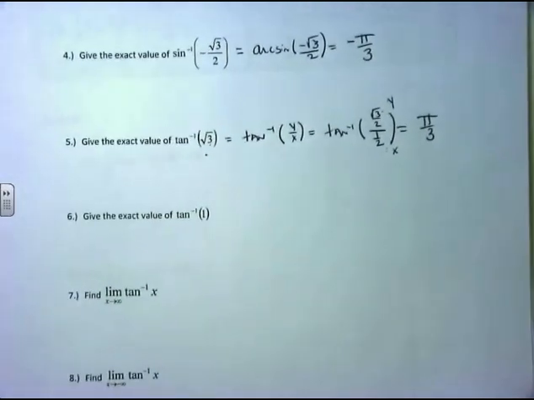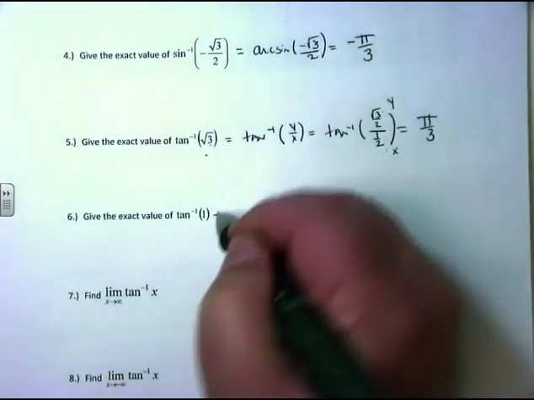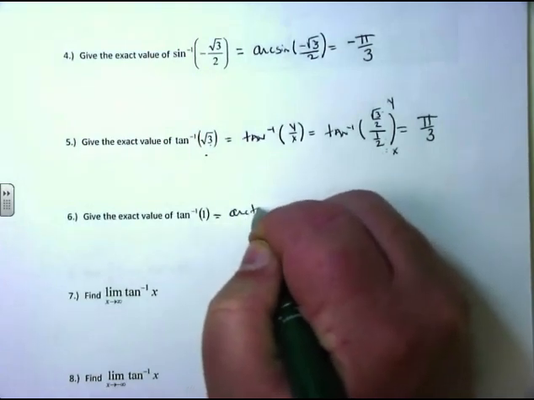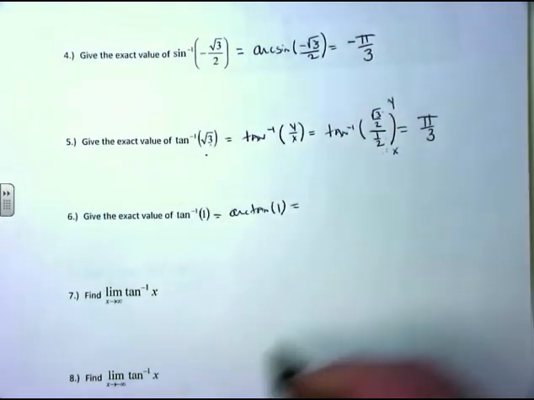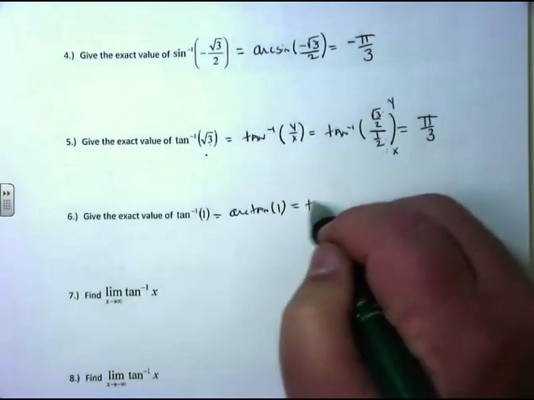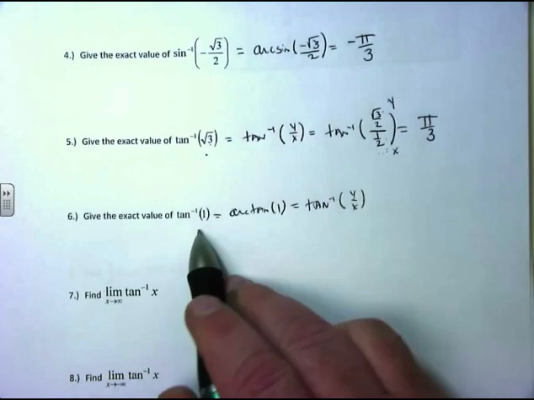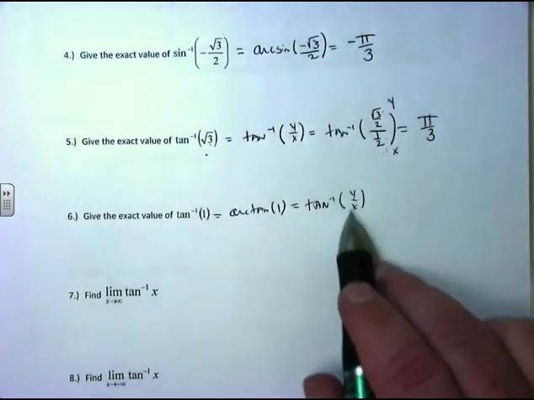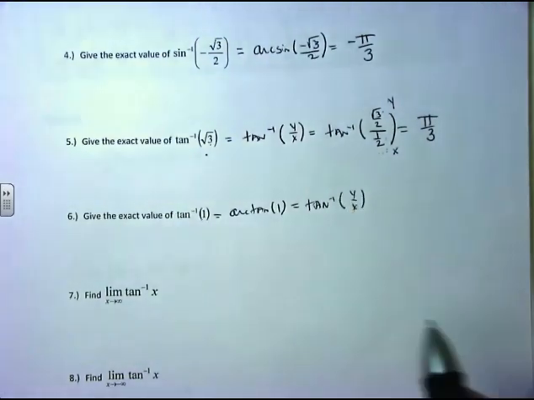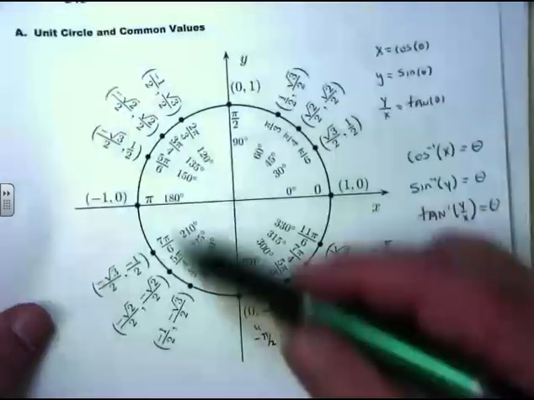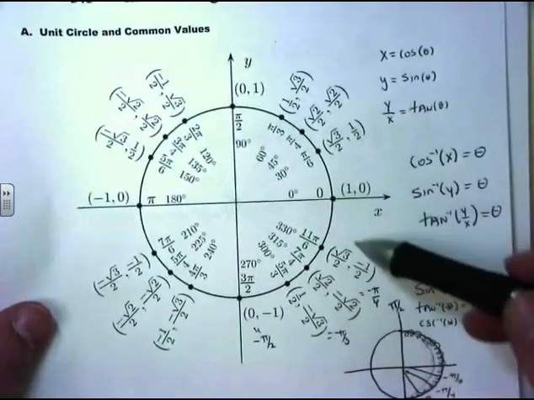Okay, similar problem. What is the tangent inverse of 1, or the arc tangent of 1? Well, remember, this is still the tangent inverse of a y over x. The ratio has to be 1, which means x and y are the same thing. So if you look at your unit circle and have it memorized, as you should, where are the x and y the same?